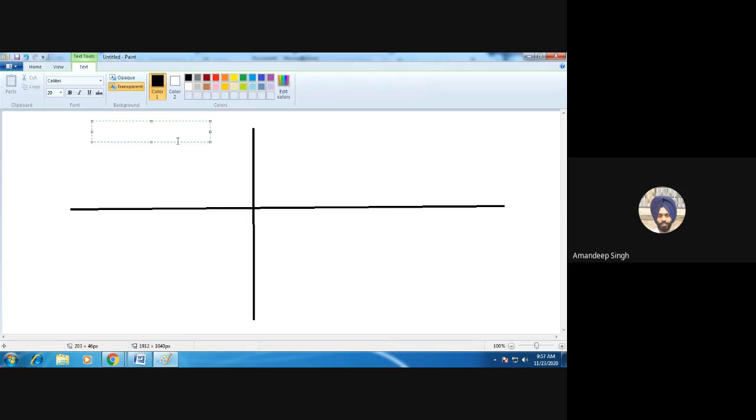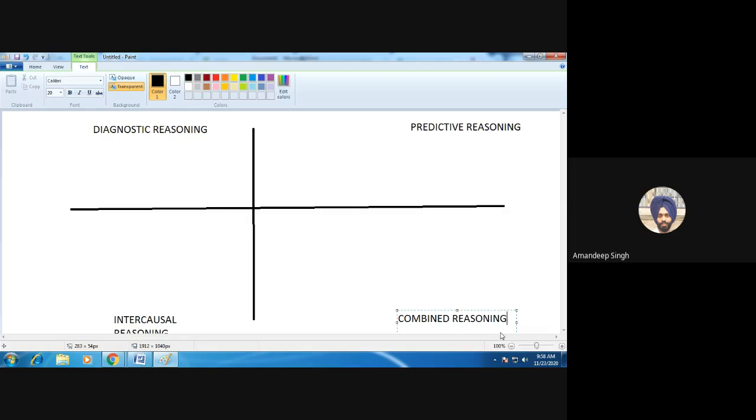One is diagnostic reasoning, and then here you have the predictive reasoning, then this is your causal reasoning, and this is your combined reasoning.